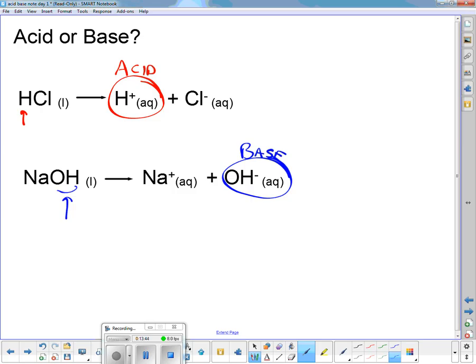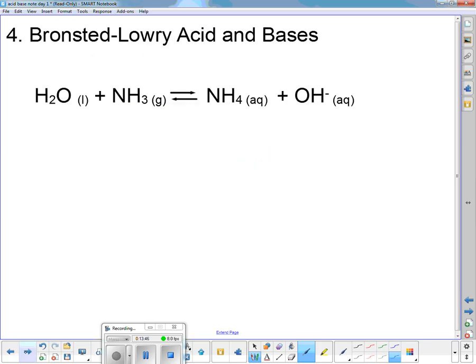Okay? All right, let's go forward a little bit more. Ooh, on this one now, I've got to label the acid, the base, the conjugate acid, and the conjugate base. So going forward, which one's acting as the acid? Going forward, which one is going to give up a hydrogen? Water gave up a hydrogen going from here to here.